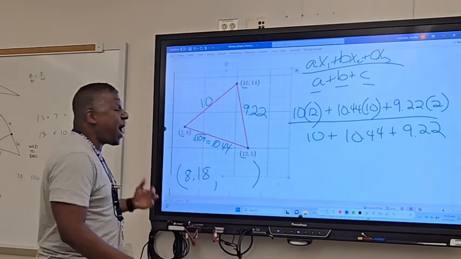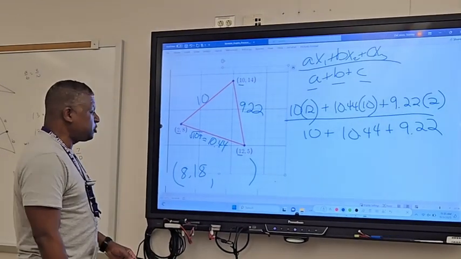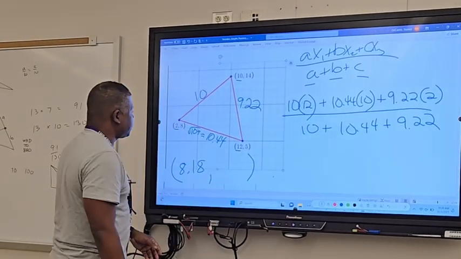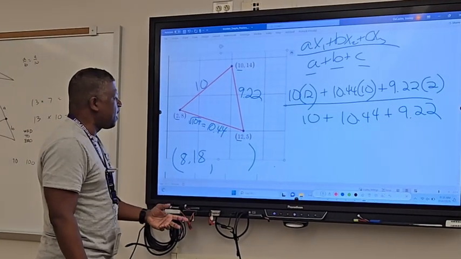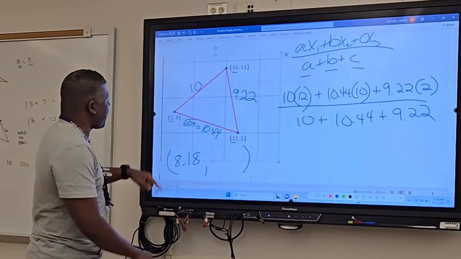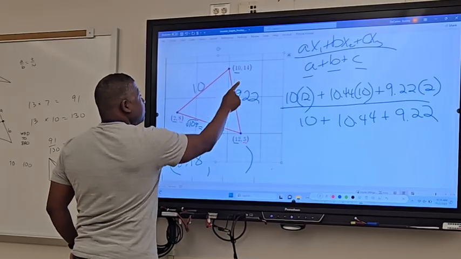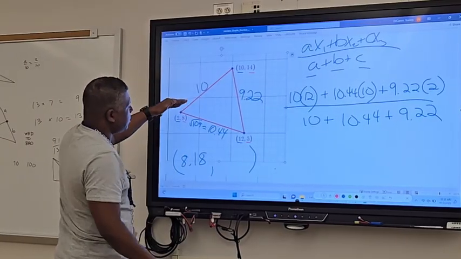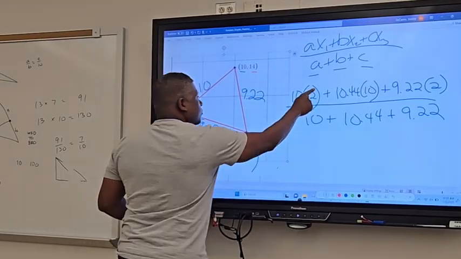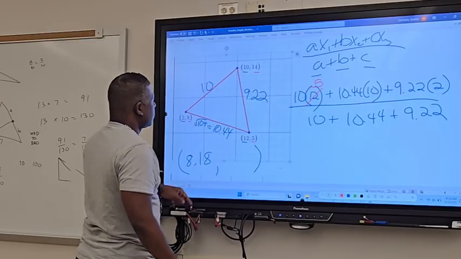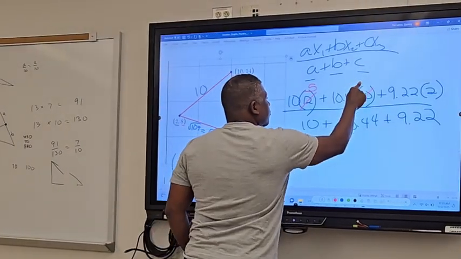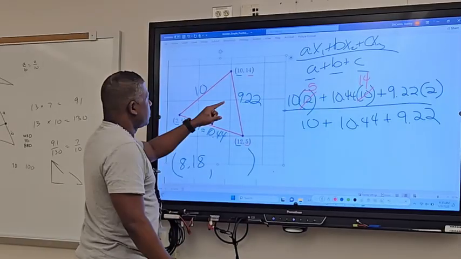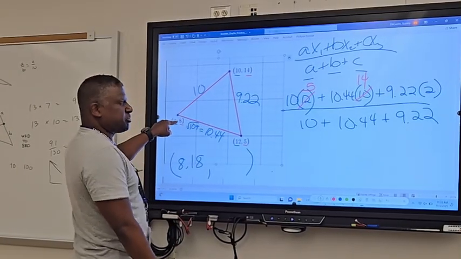Now, to get the y value of the incenter, I'm doing the same thing. The only difference is, instead of multiplying by the x values, 2, 10, and 12, I'm multiplying by the y values, 8, 5, and 14. So 10 gets multiplied by 5. 10.44 gets multiplied by 14. 9.22 gets multiplied by 8.